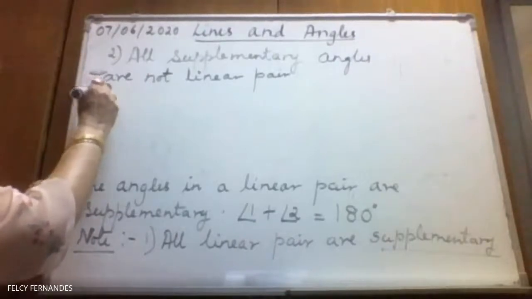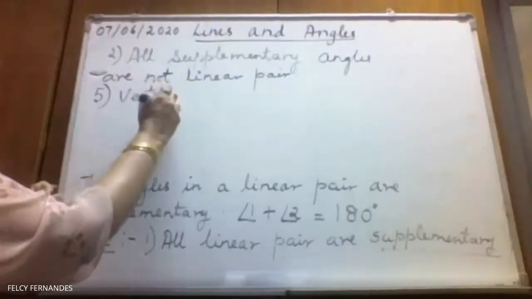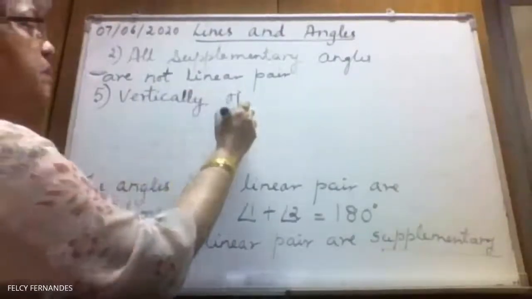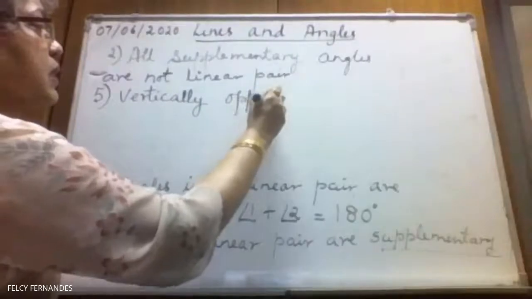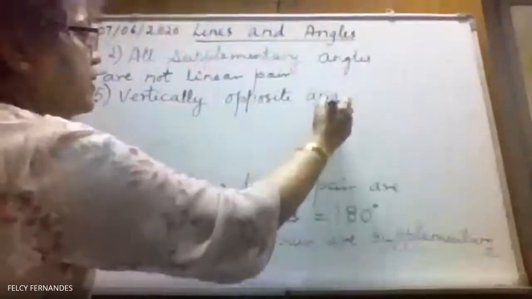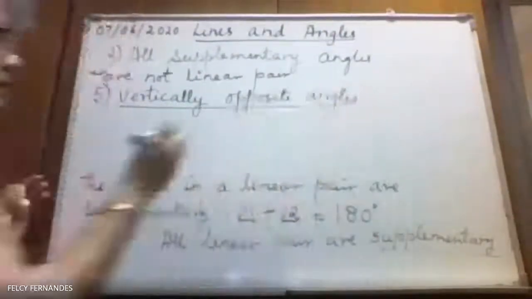Number 5. You can just note down the heading, I will explain this to you. Vertically opposite angles. Just note down.